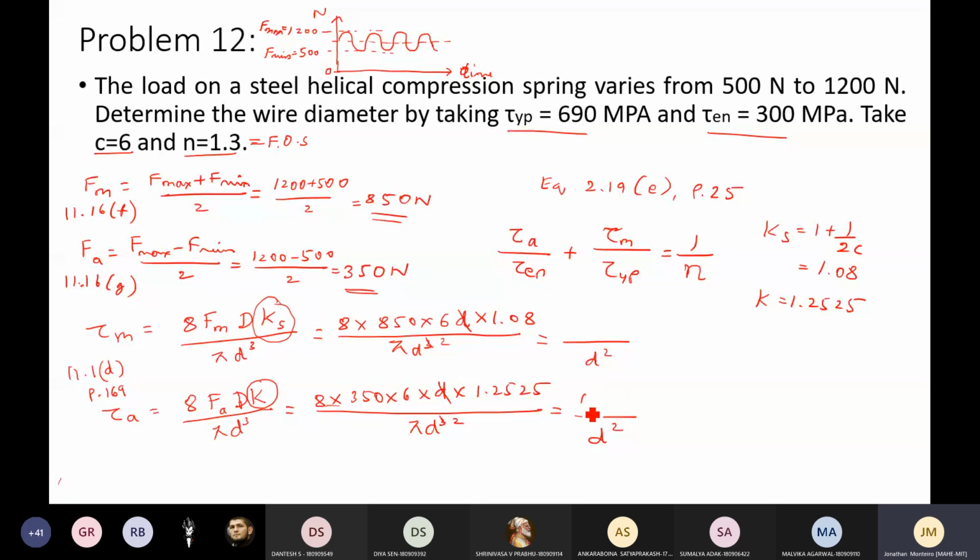Tau a part, just do the calculations and let me know. 6697.87 here. There is some confusion here. 14 something, 14069.29. Then this is fine.